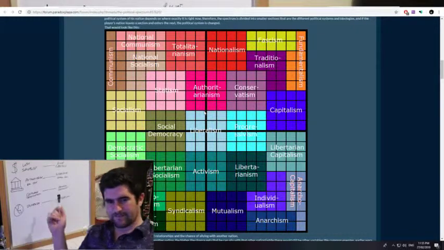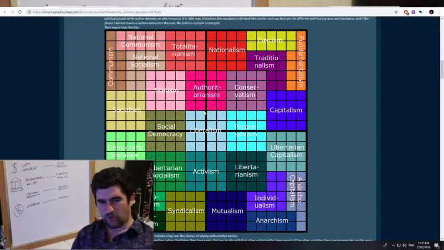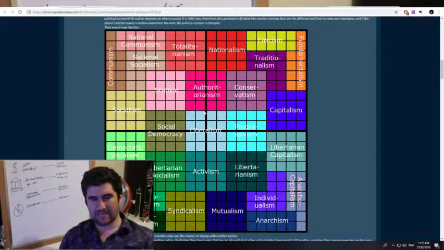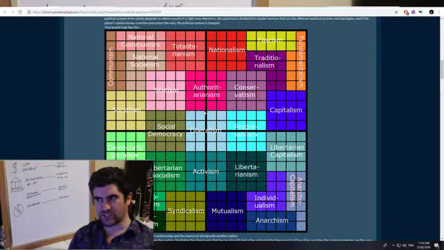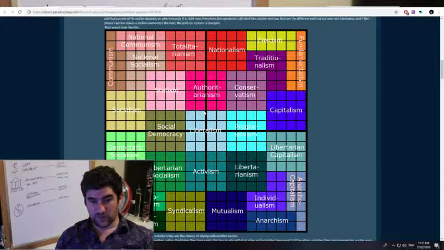So yeah, I think having four axes is a hell of a lot better than just looking at it on a single left or right sort of scale. What do you guys think? I reckon it works.